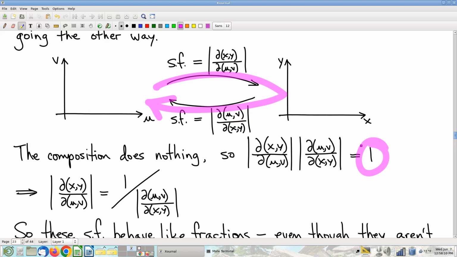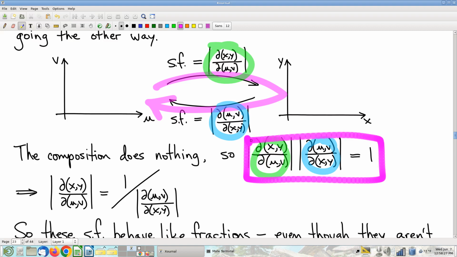Said differently, in the process you first stretched by that factor, and then you stretched by that factor, so altogether this product is equal to 1, and these, in fact, are reciprocals of each other.